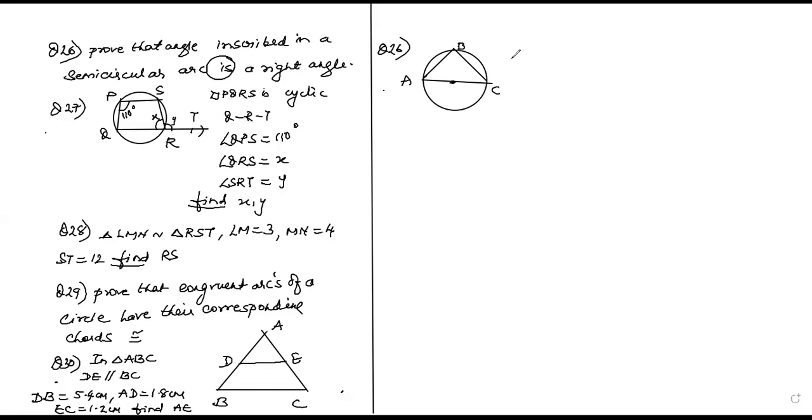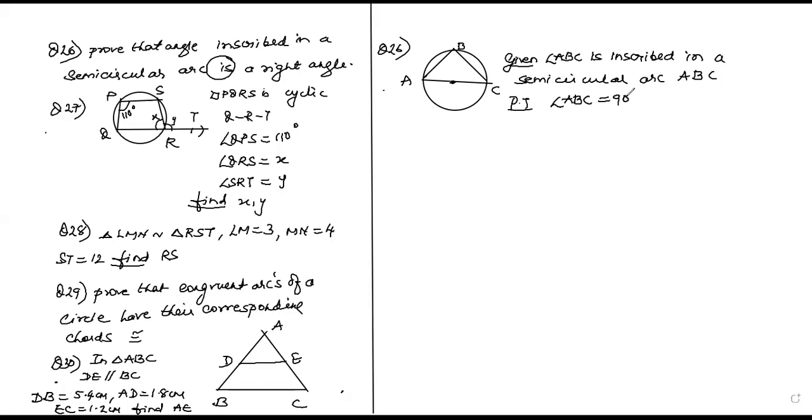So given, angle ABC is inscribed in a semicircular arc ABC, and you have to prove that this angle ABC is 90 degrees.